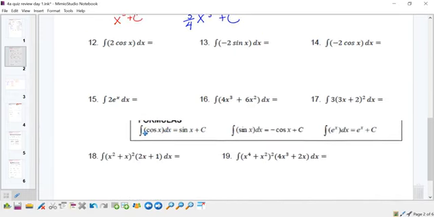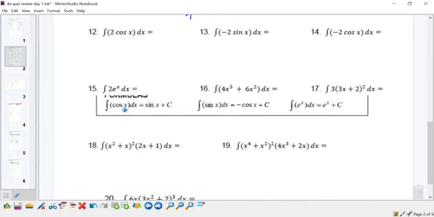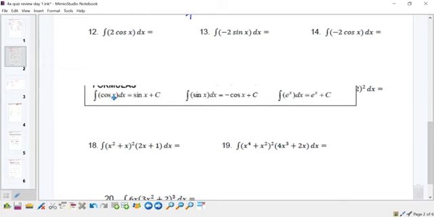All right, for 12, the 2 coefficient stays in the antiderivative. The antiderivative of cosine is sine. All right, the negative 2 stays in the antiderivative.